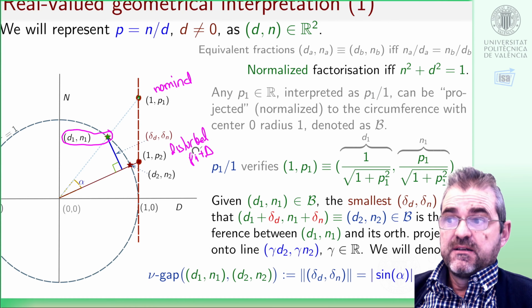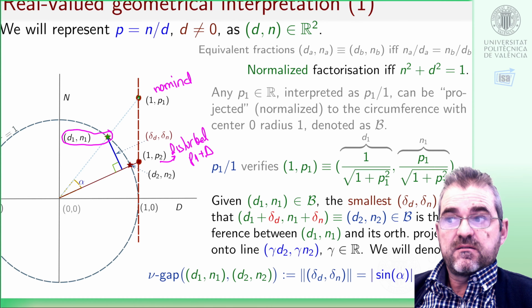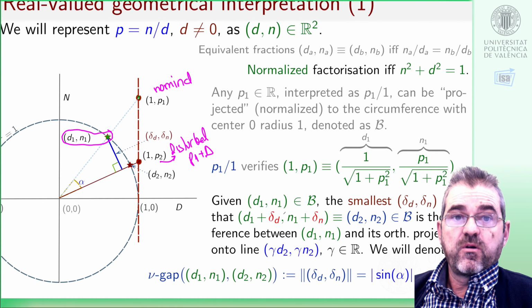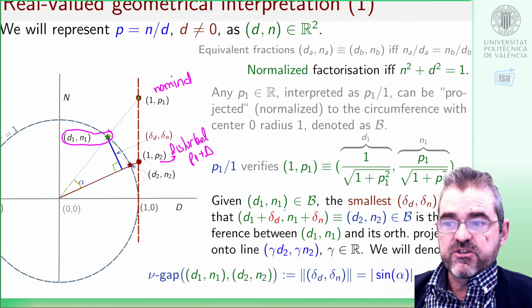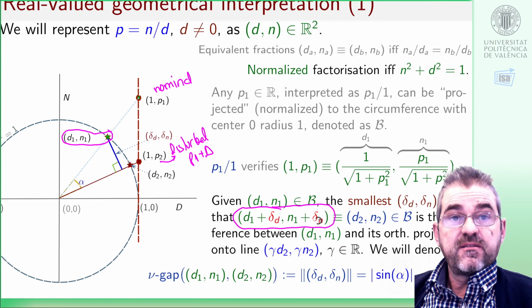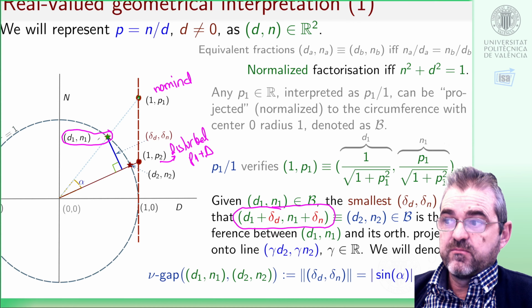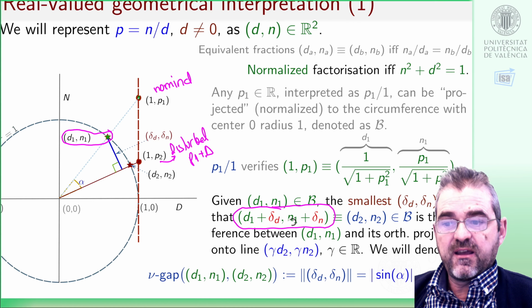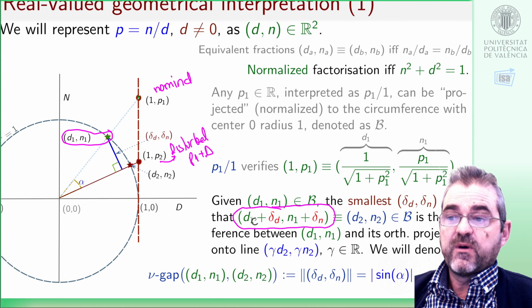Of course, if we need to understand that uncertainty in the language of uncertainty over the normalized coprime factorization, then we need to understand that delta as something that is added to the normalized components n1, d1 to get n1 plus delta n, d1 plus delta d.